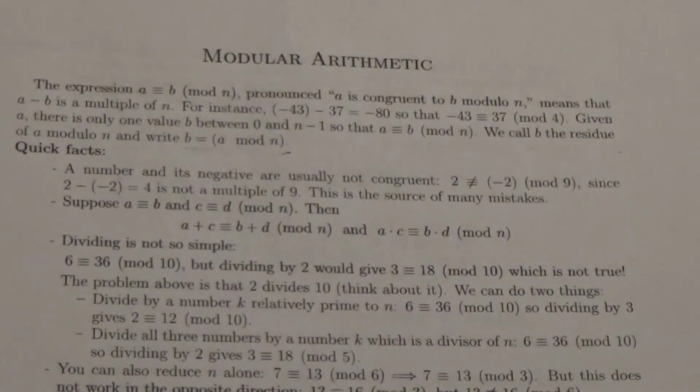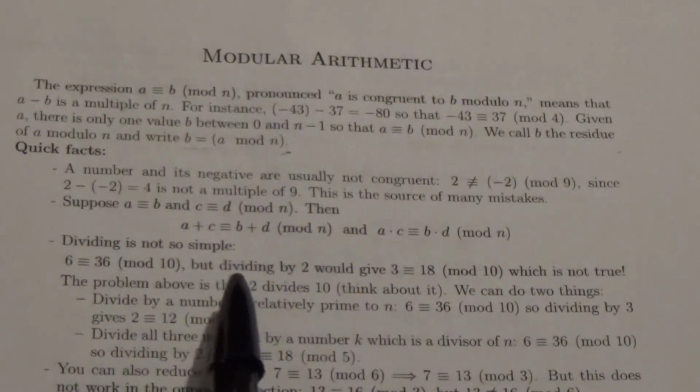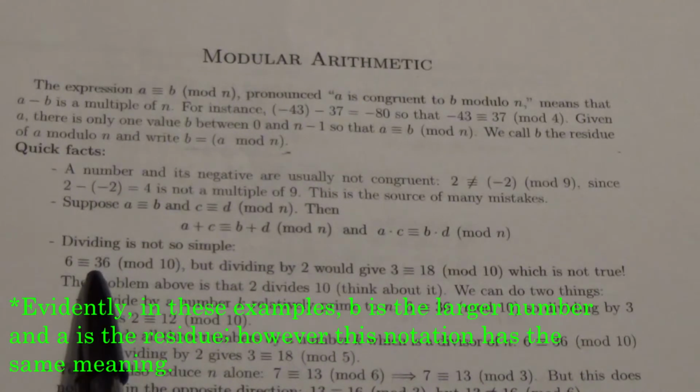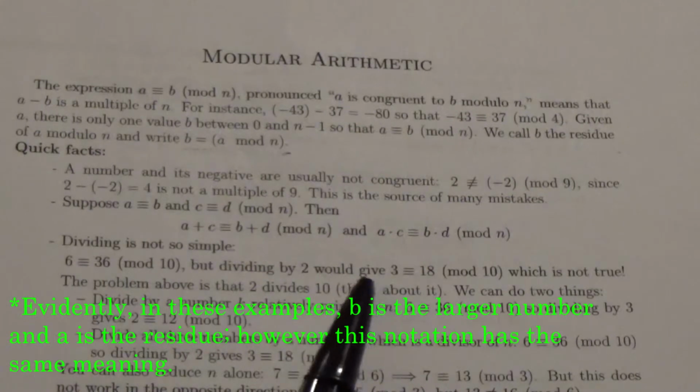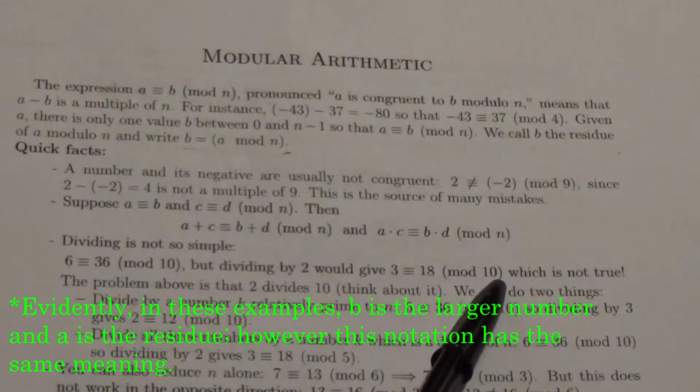But as this source describes very well, dividing is not as simple. We can say that 36 is congruent to 6 modulo 10, but if we tried dividing by 2, we would simply have 3 is congruent to 18 modulo 10, which is clearly not true.